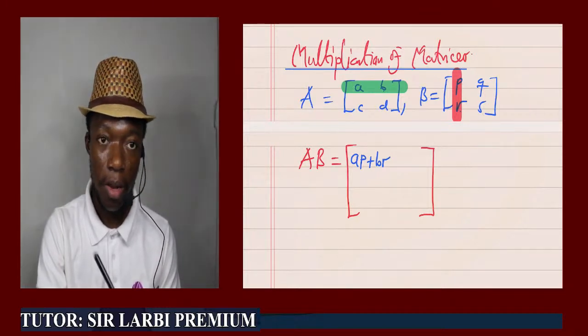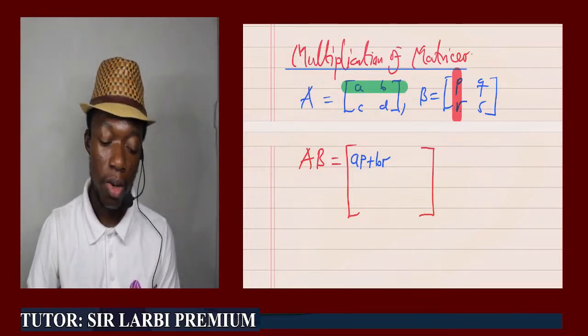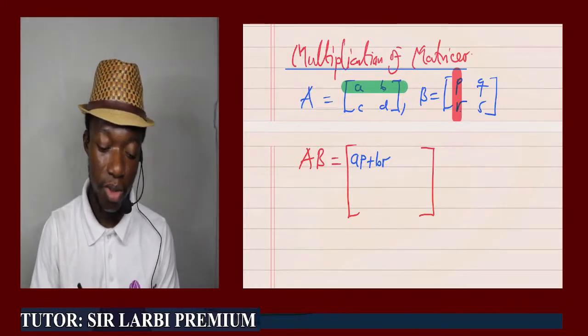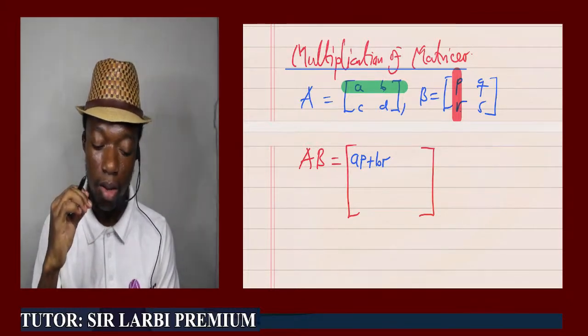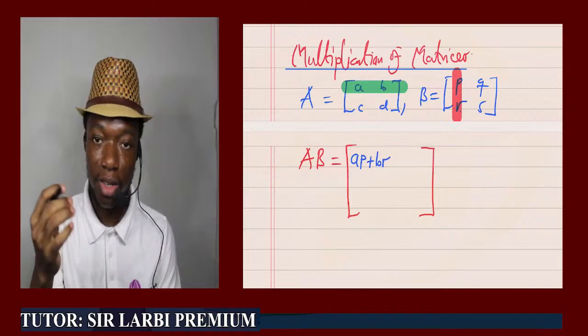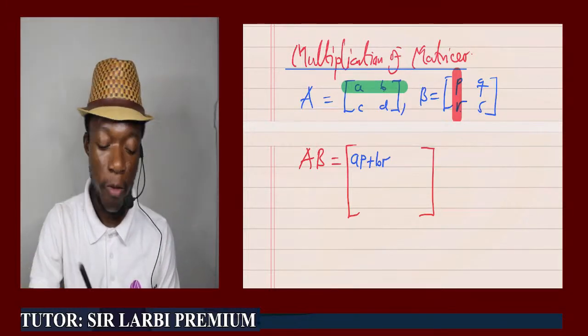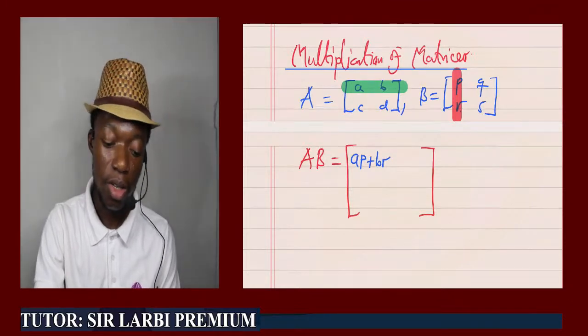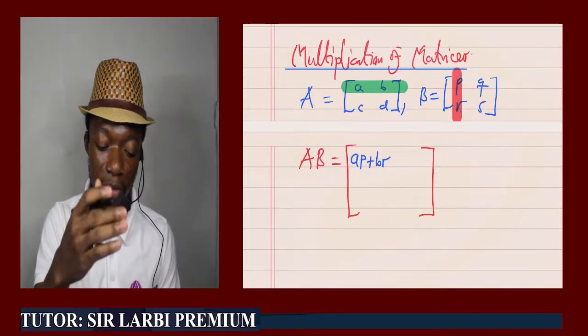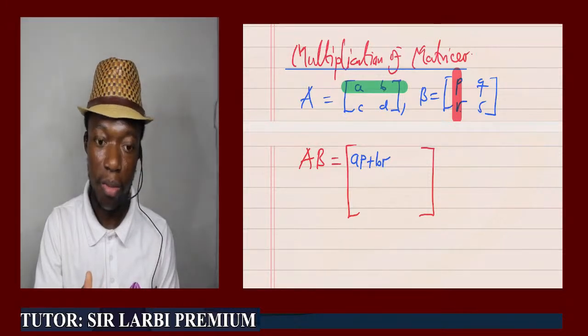We will have the first row of the first matrix to multiply the first column of the second matrix.